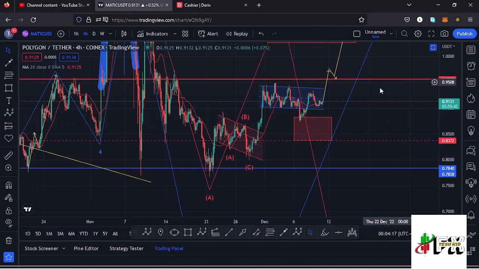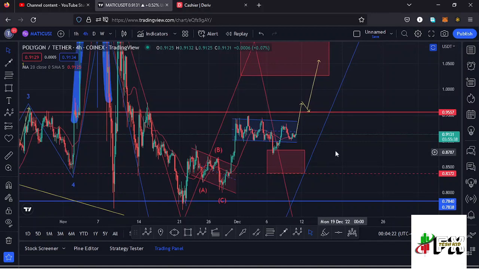In case we continue holding above those key areas on the Fibonacci's, then there are chances that we might see that bounce to the upper side, manage to break above the key area of resistance at around the $0.95 mark and fully maximize the formation of this wave B.